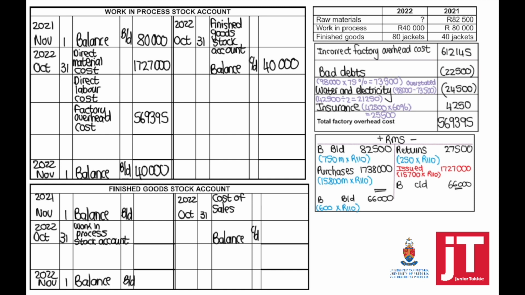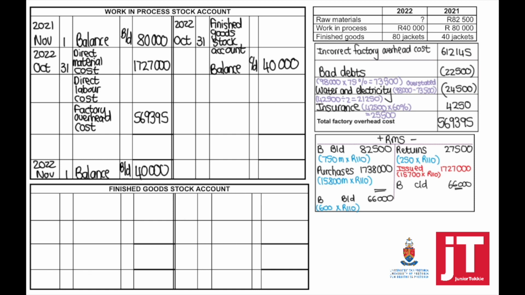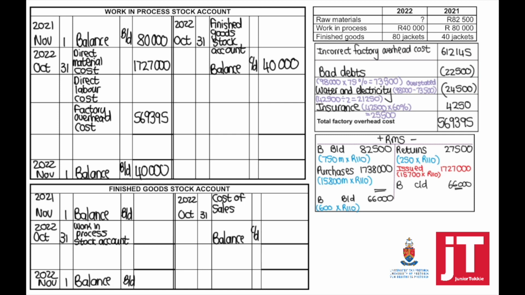So now I still have direct material cost and the finished goods stock amount figure missing, which means the next step is to complete the finished goods stock account. My finished goods stock account would always have the balance in the beginning plus the total cost of goods manufactured during this year, which we calculated in the work in process stock account, the balance at the end, and what do we calculate?